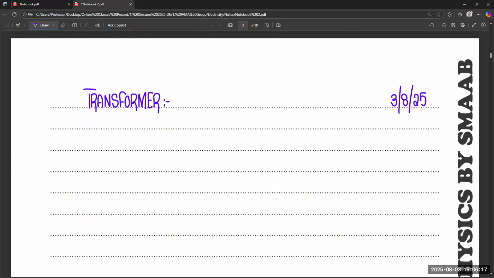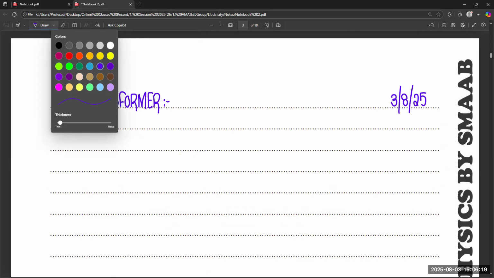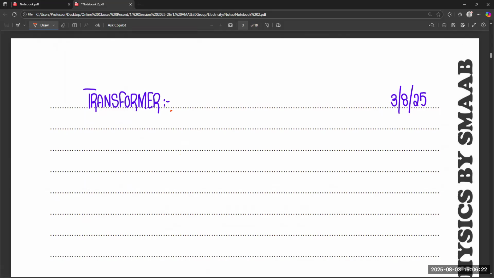And if we talk about the working principle, it works on the principle of Faraday's law of electromagnetic induction. Faraday's law means the rate of change of magnetic flux. So if we have a greater change in the magnetic field lines, that will give you a greater value of induced EMF.